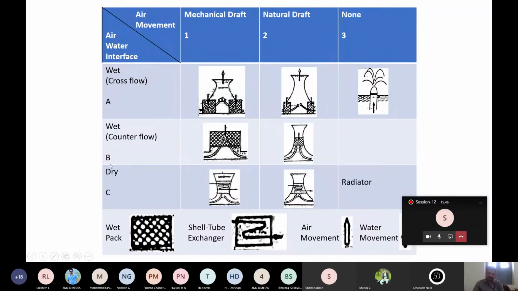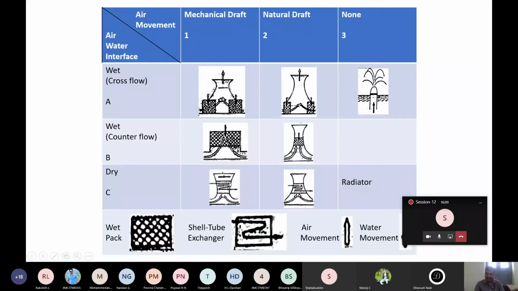If there is no direct contact or direct mixing of air with water, then we call that arrangement dry. This can happen in cooling towers, or if you make use of a heat exchanger like arrangement, where there will be pipes and water is going to flow through these pipes.